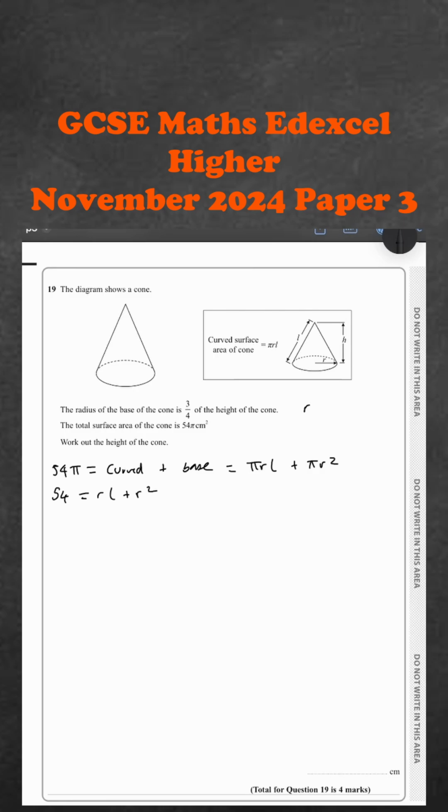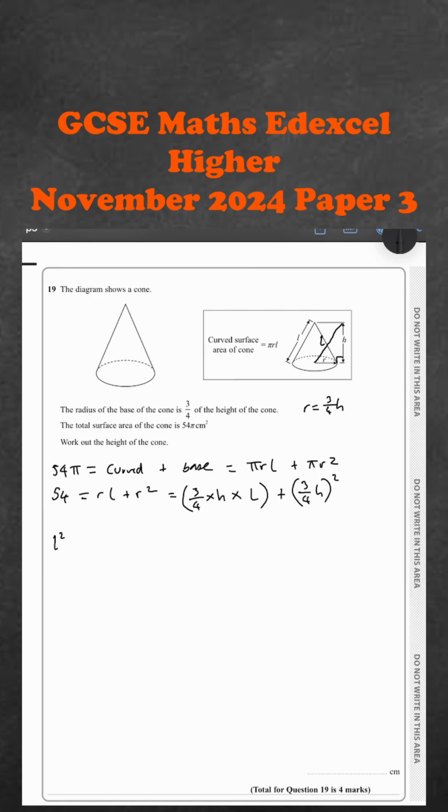We know that r equals 3/4 of the height of the cone. So we can say this is 3/4 times the height times L plus 3/4 times the height squared. So we will hold fire for a second there, and we will look at this diagram on the right hand side, where this is actually a right angled triangle, where L is the hypotenuse.